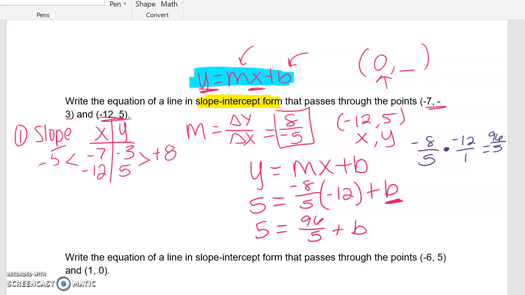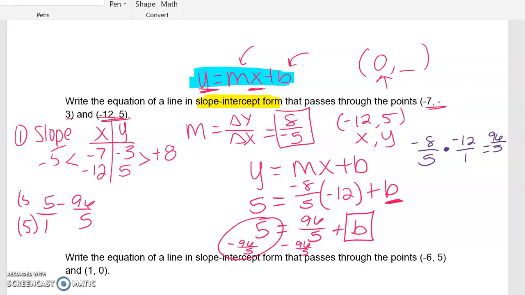In order to get b by itself, I just want to subtract 96 over 5 from both sides. Now I have 5 minus 96 over 5 on the left side. I can't subtract fractions unless I have a common denominator. So for 5 over 1, in order to get that denominator of 5, I need to multiply top and bottom by 5.